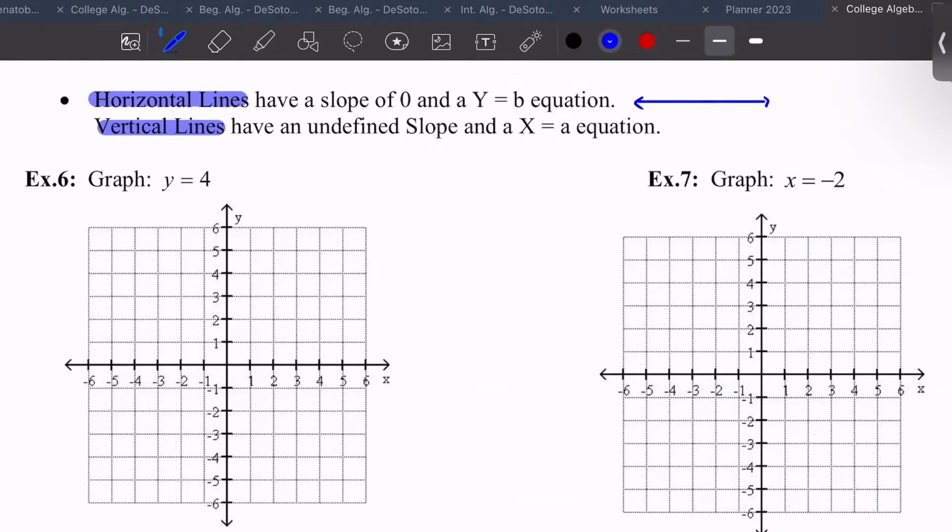Vertical lines have an undefined slope, that's straight up and down, and have an x equals a equation. Your vertical lines will be plotted on the x-axis.